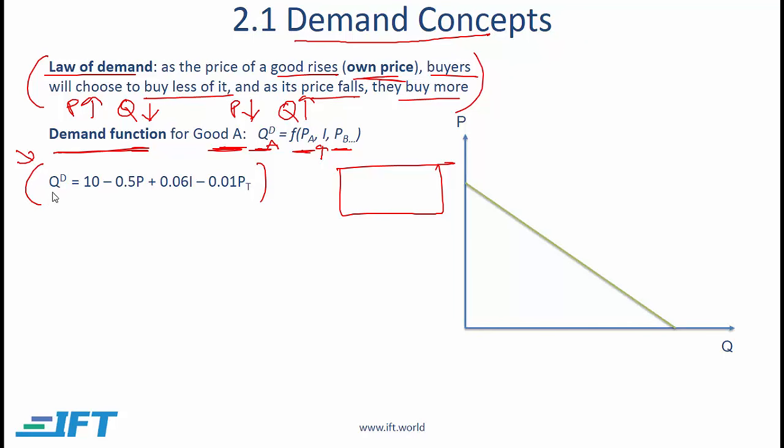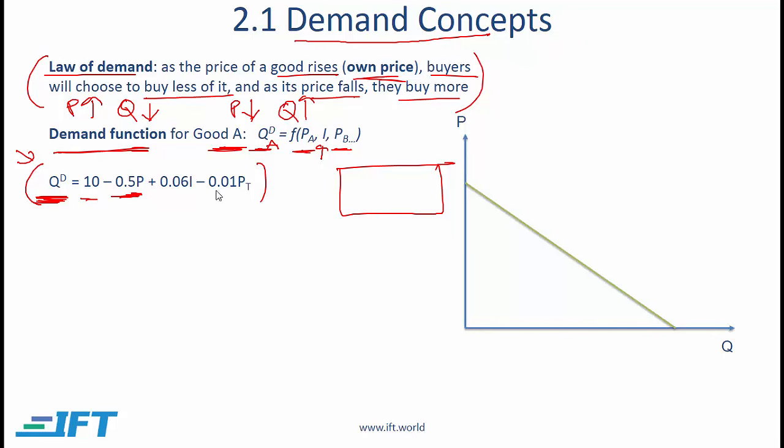So here what we are told is that the demand for chairs is equal to 10 minus 0.5 times the own price. So in my convention, when I don't use a subscript, I'm assuming this is the price of the good that we are talking about. So if we are talking about chairs, this is the quantity demanded for chairs and this is the price of chairs.